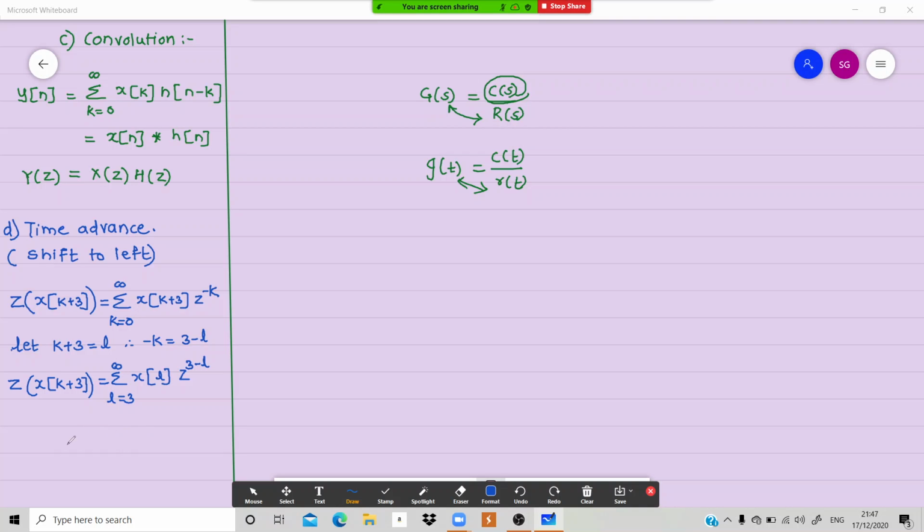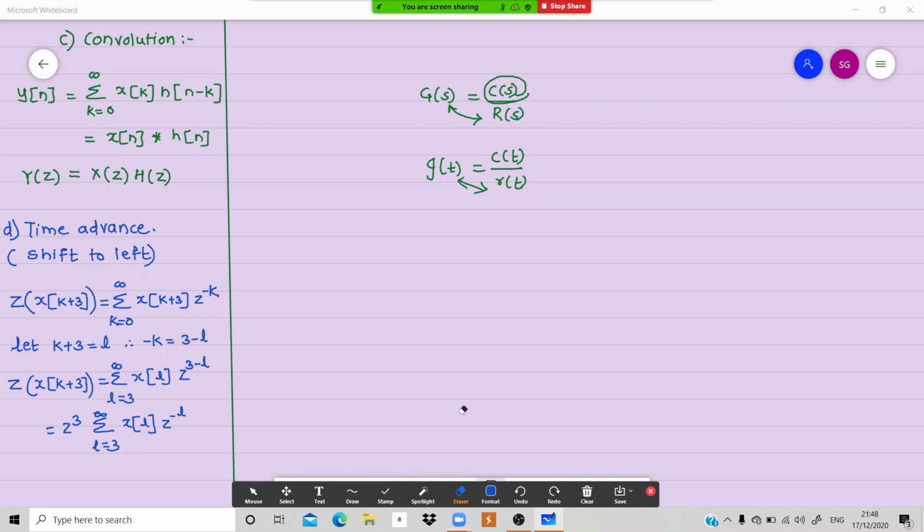You just concentrate on this. We have substituted. Now this we can write as, you can see z raised to 3, so I'll take z raised to 3 common. So you are going to have summation L equal to 3 to infinity x of L z raised to minus L. Now this is in the Z transform format, but the problem is it is not starting from 0.